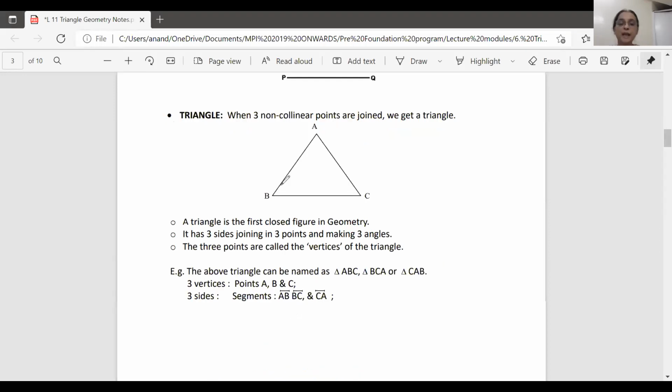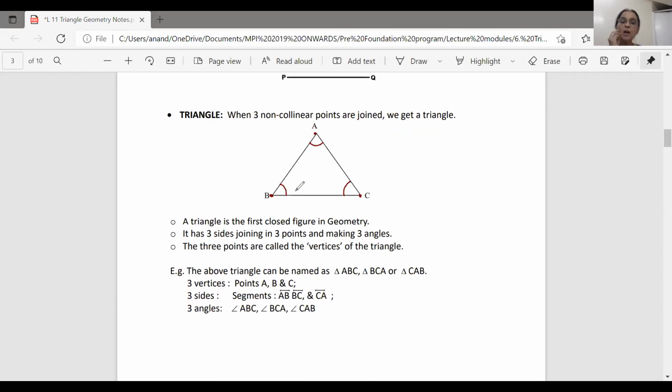This is one angle, this is another angle, and this is the third angle. So a triangle will have 3 sides. It will have 3 vertices. The 3 points are called 3 vertices, and 3 angles.